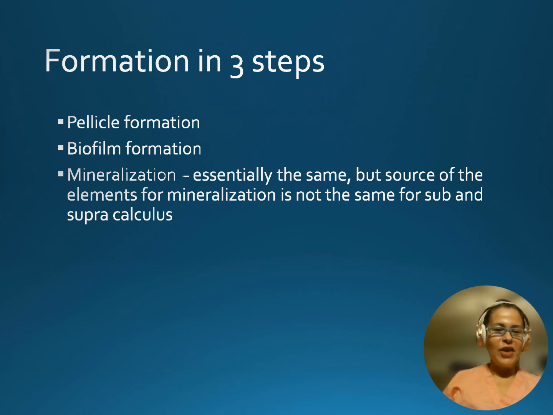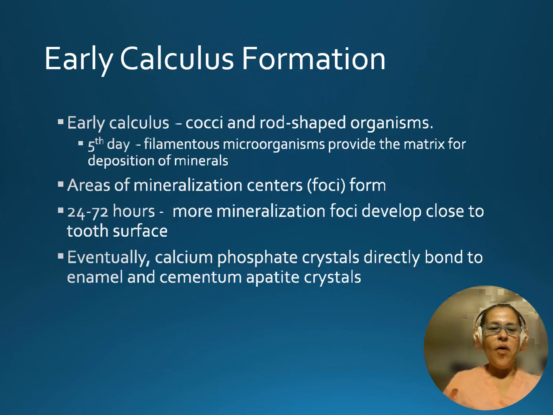Let's remember this. For supra, your saliva and the minerals in your saliva. For sub, the intracrevicular fluids, the fluids that come out of the tissue around the calculus and the tissue in the bottom of the sulcus or around the sulcus of the tooth.